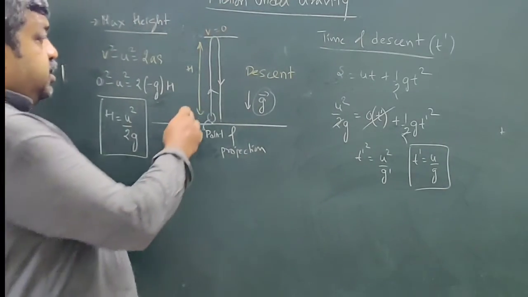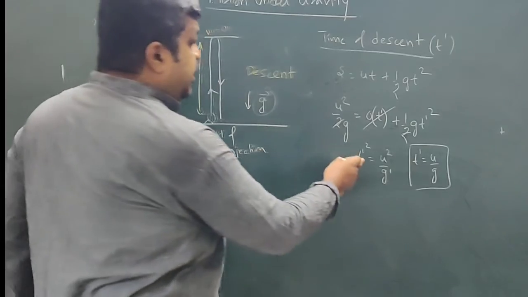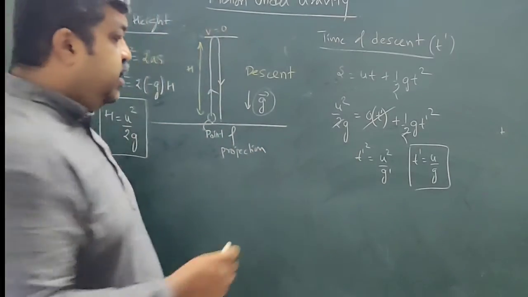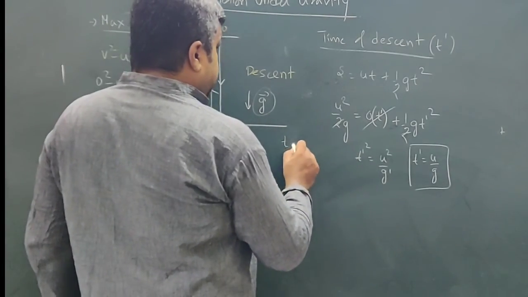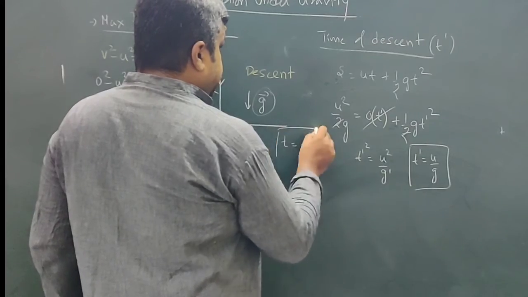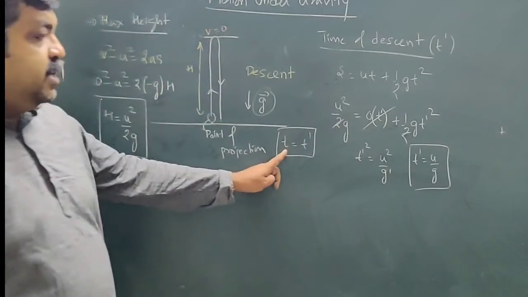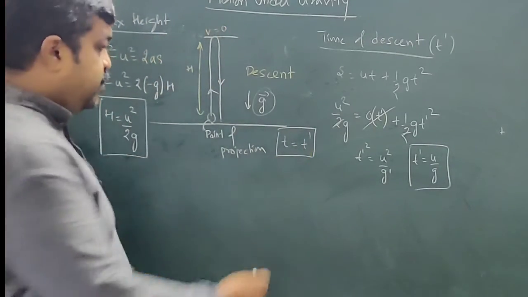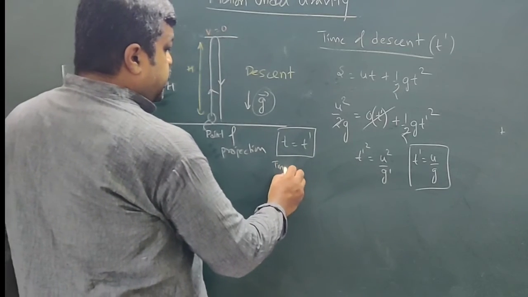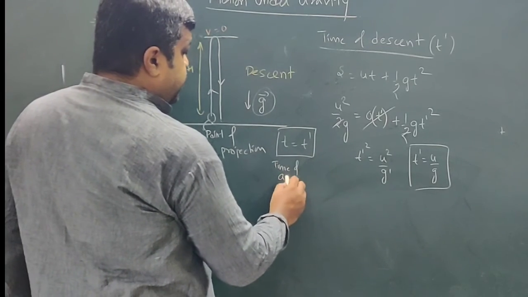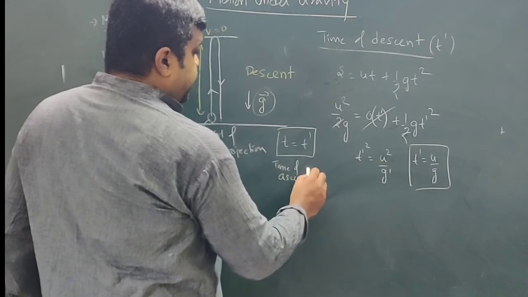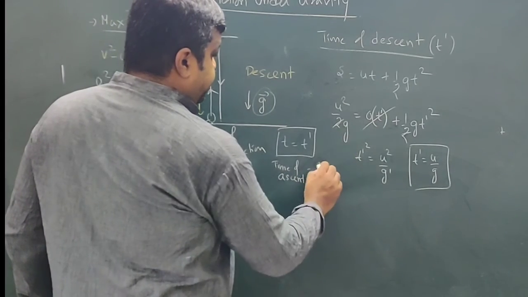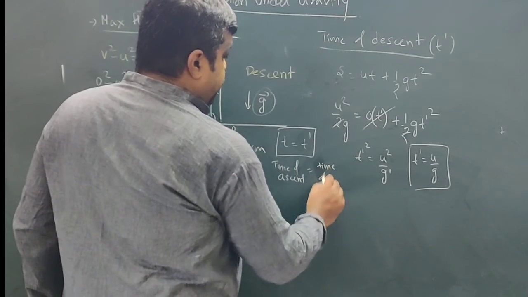So time of ascent is u/g, time of descent is also u/g. So you can say that t = t'. That is, time of ascent is equal to time of descent.